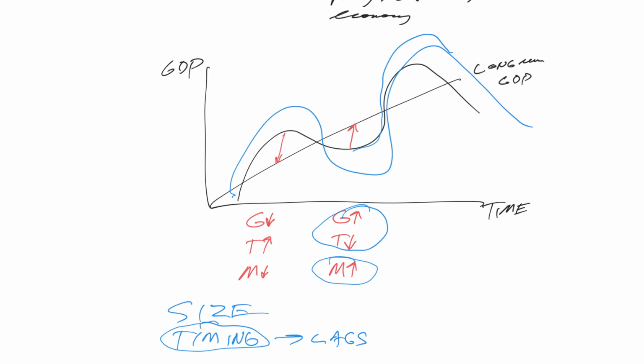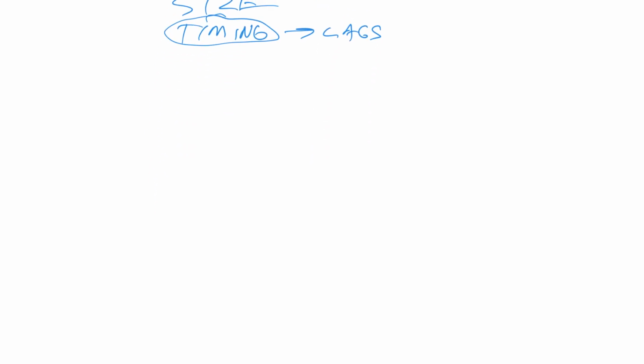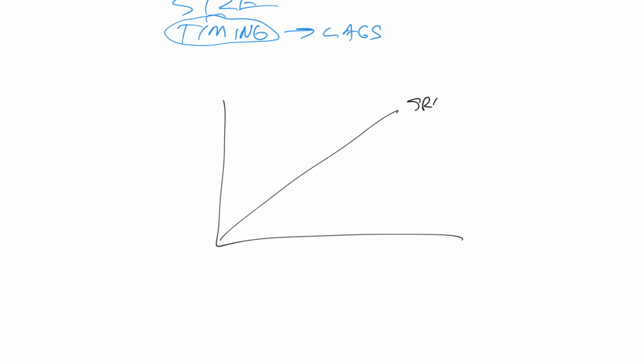So using our aggregate supply and demand curves, let's say here's a short-run aggregate supply, aggregate demand, and here's a long-run aggregate supply.